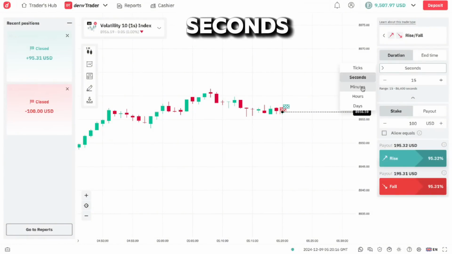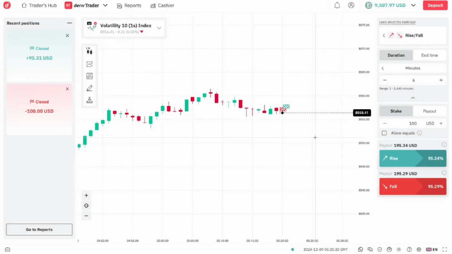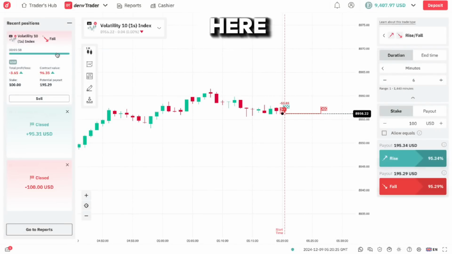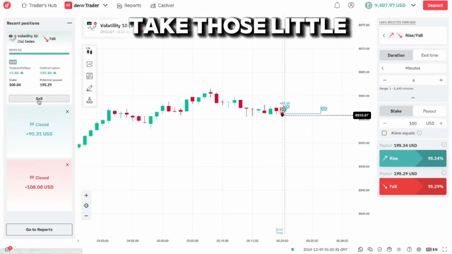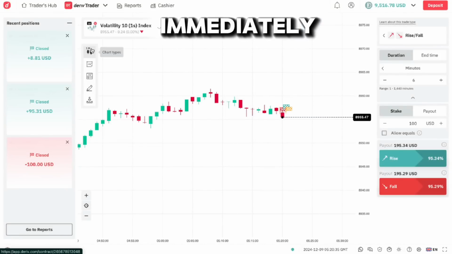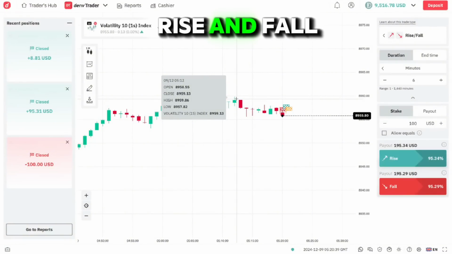So just click seconds, just go to minutes, go to 6 minutes. So if I put 6 minutes and show a fall here, if I notice the market is turning and not going my way, or I want to take those little profits, I just click sell and I get the profit immediately. So that's a good thing with manual trading on rise and fall.